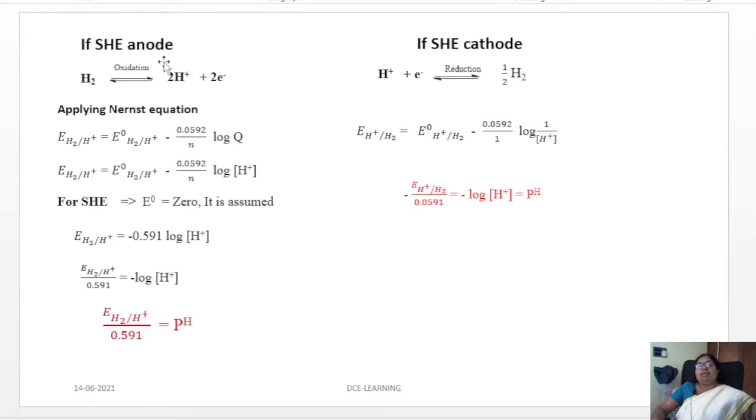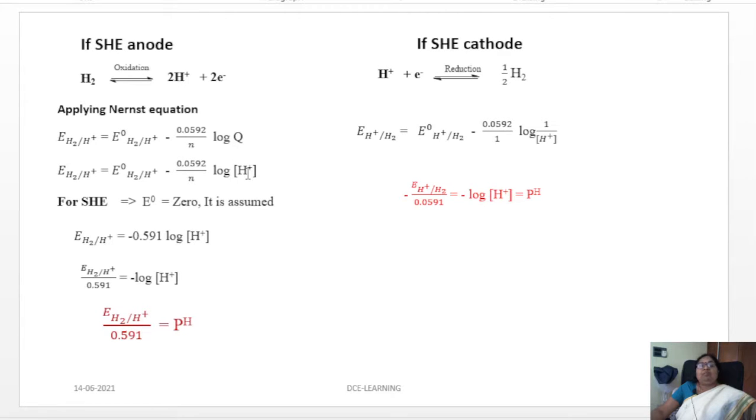Applying the Nernst relationship, the Nernst equation becomes E of the cell, here the SHE cell, equals E standard minus 0.0592 divided by n into log Q, where Q is the reaction quotient.